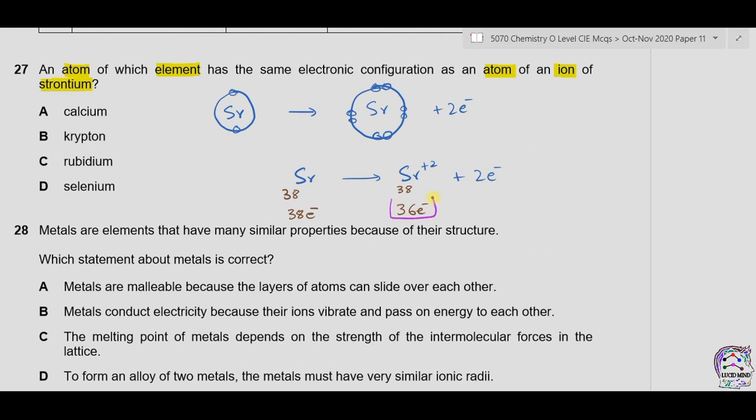Now we know that 36 electrons are also present in an atom of krypton. So therefore the electronic configuration of krypton is similar to strontium plus 2. Also we know that metals lose electrons to attain noble gas configuration. The answer is therefore B.